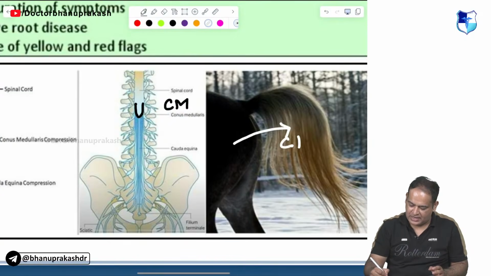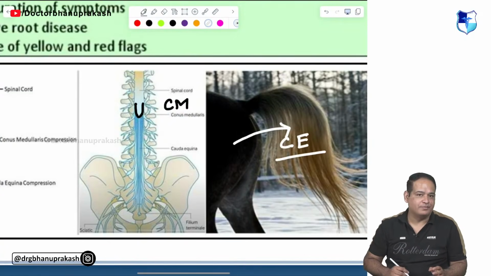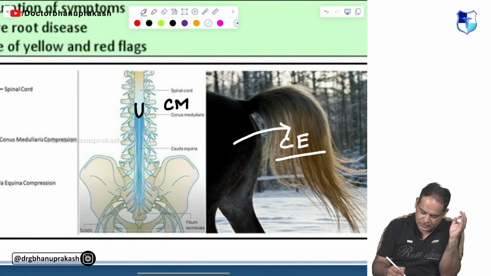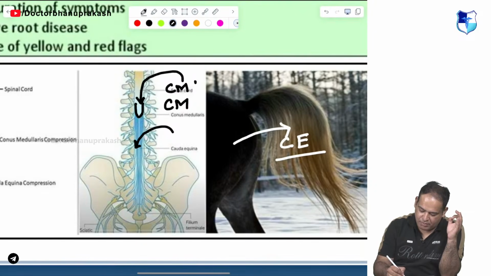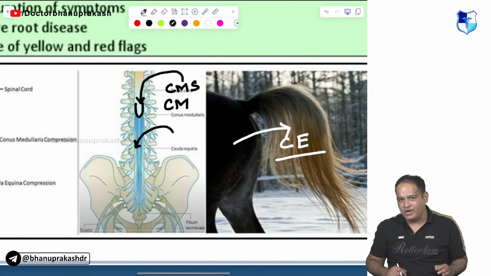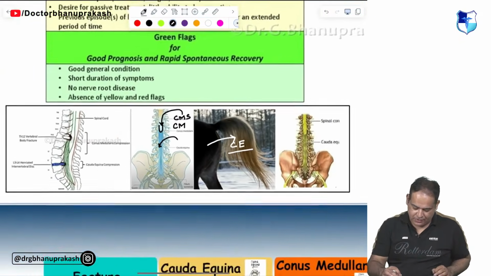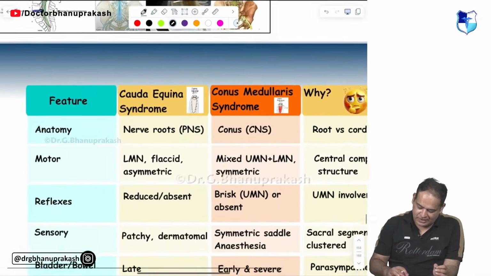This is called cauda equina. Now, if the injury occurs here, cauda equina syndrome; if the injury occurs here, conus medullaris syndrome. Let us see the difference.